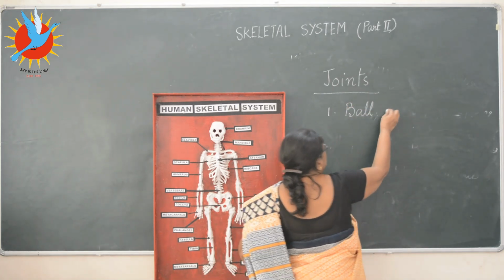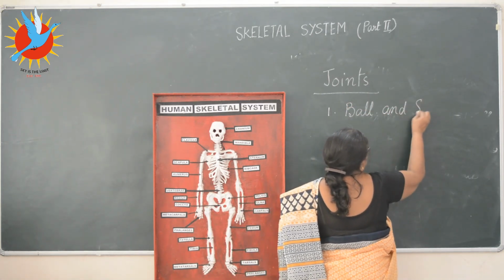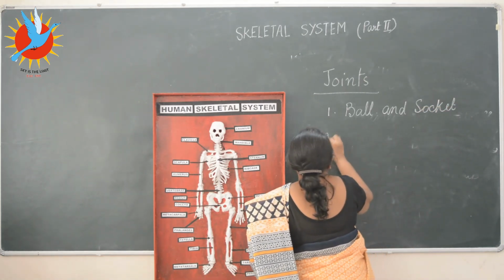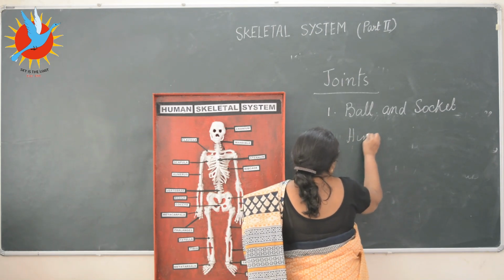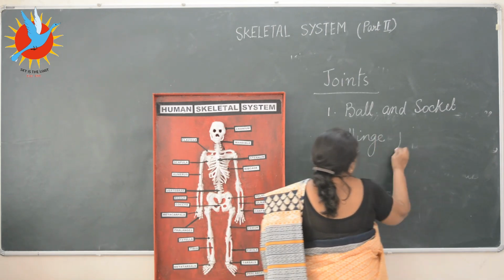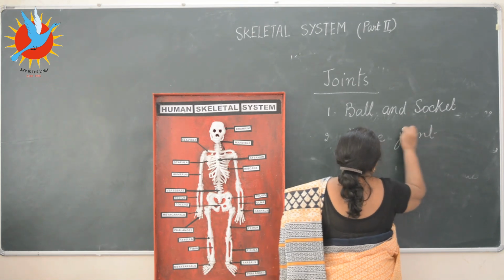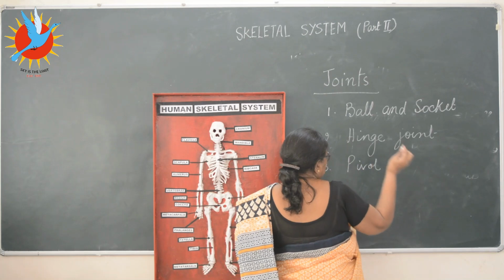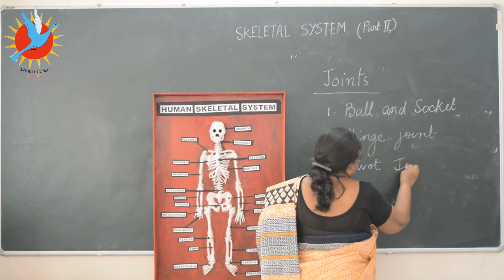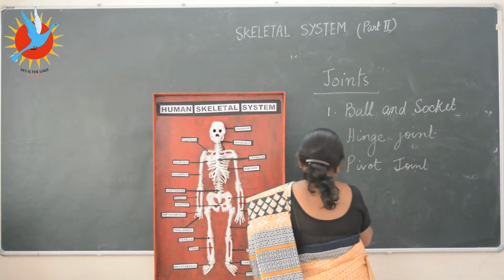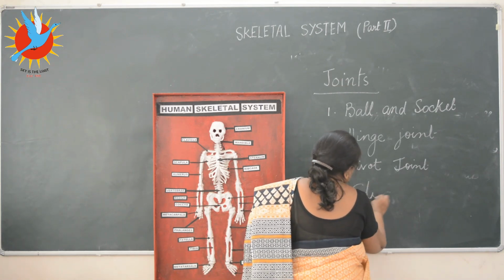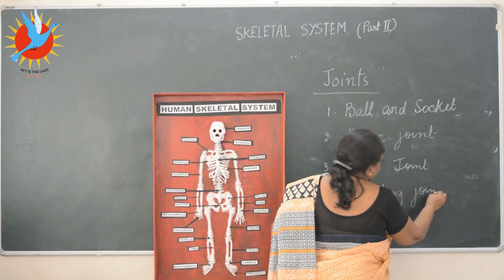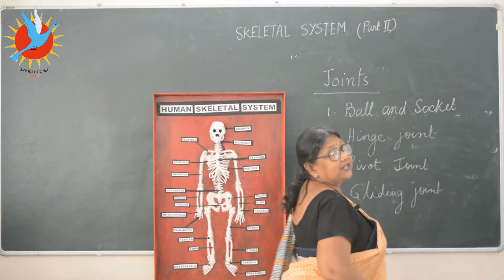We'll do with examples: ball and socket, hinge joint, pivot joint, some people pronounce it as pivot also, and the fourth one is gliding joint. Very interesting, four types of joints.